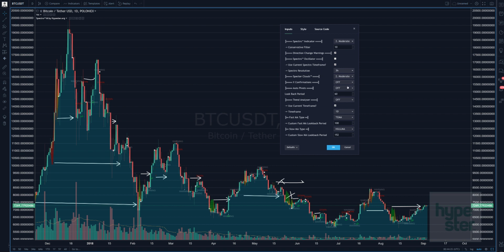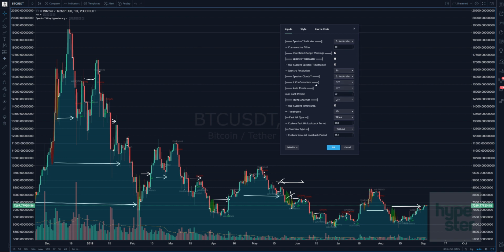If I trigger the moderate mode, you're gonna see that many of them are gonna disappear. You see, it cleared a couple of bad signals. And then there's the conservative mode that, you see, this one actually got rid of most of them. I like the moderate and the conservative one.